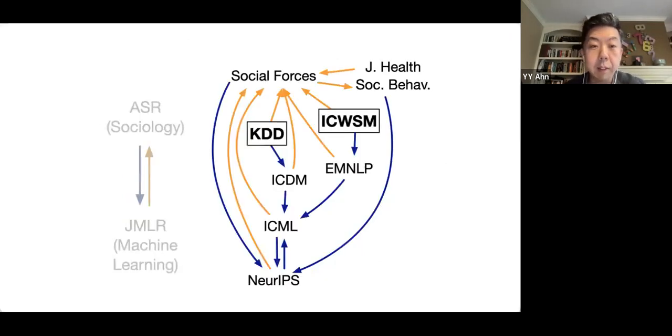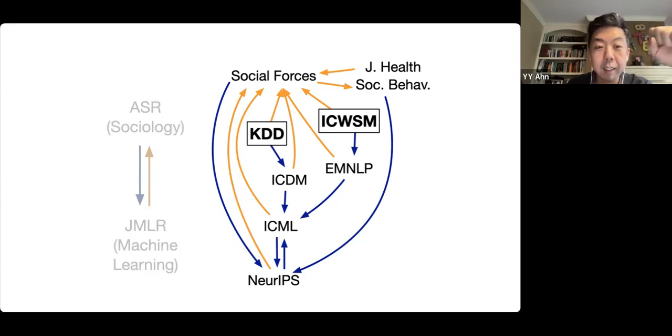So for instance, we can start from KDD or ICWSM, which are computational social science conferences, with KDD having more computer science flavor, and ICWSM more social flavor. And you can keep adding machine learning while removing sociology.